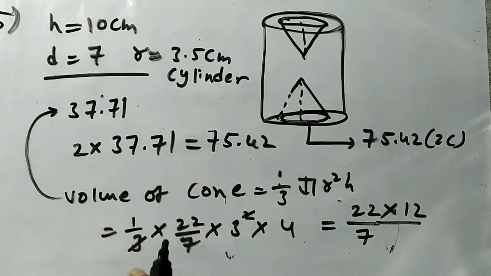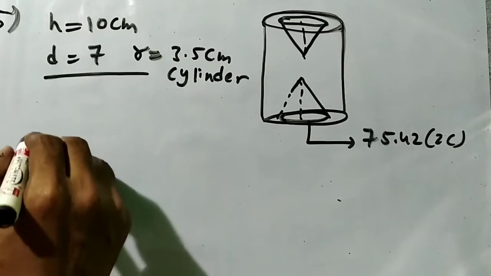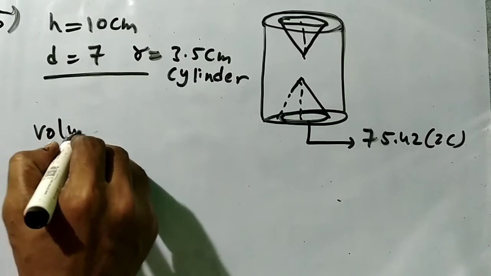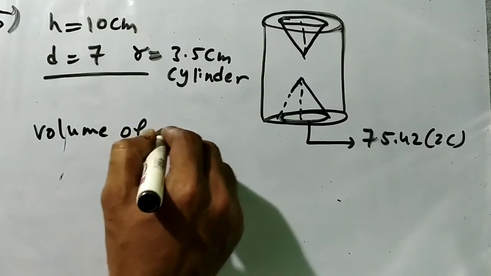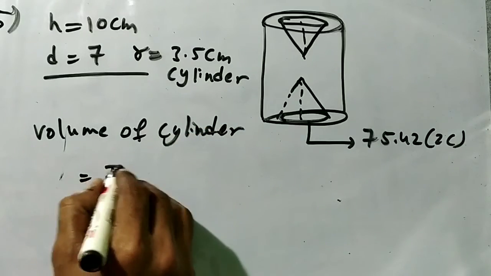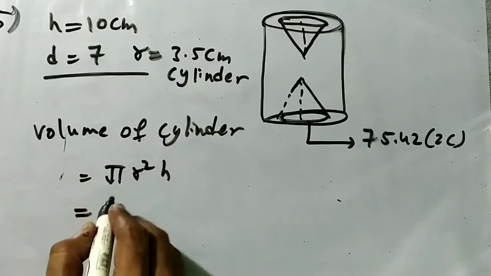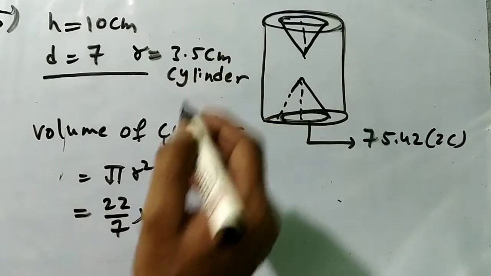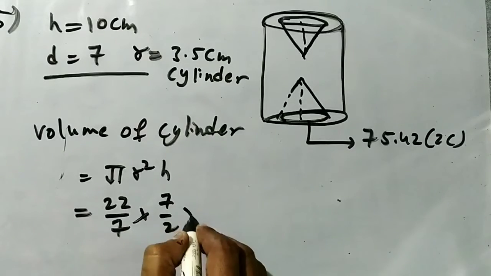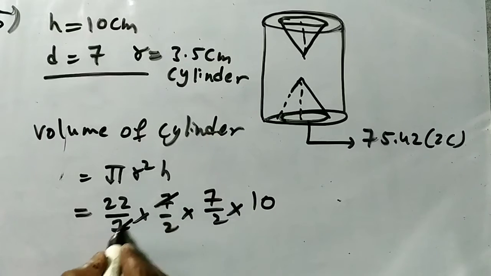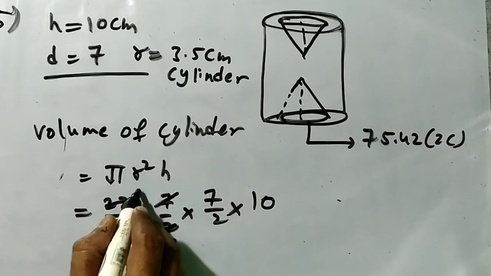I will erase this. We will find the cylinder's volume. The volume of a cylinder is pi r square h. That is 22 by 7 into r, 3.5 can be written as 7 by 2, so 7 by 2 into 7 by 2 into h, which is 10 centimeters. 7 gets cancelled here. 2 ones are 2, 11s are 11.